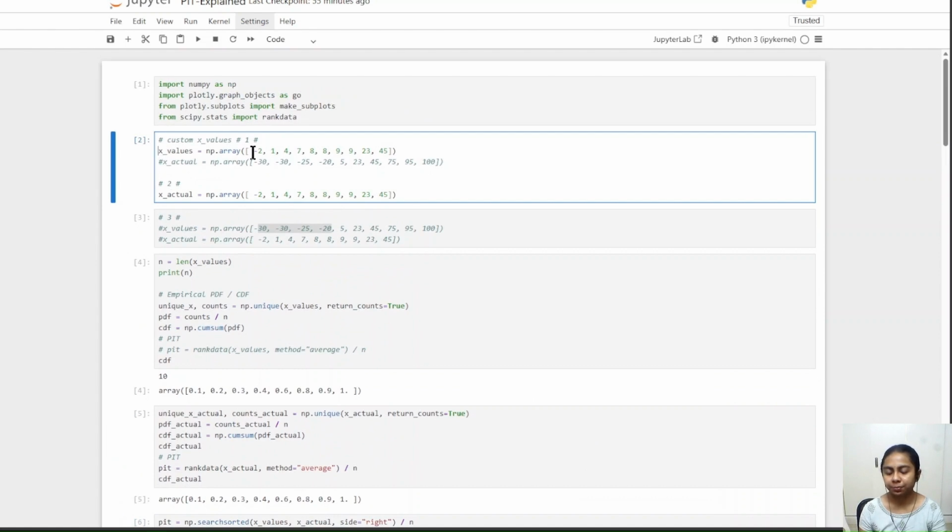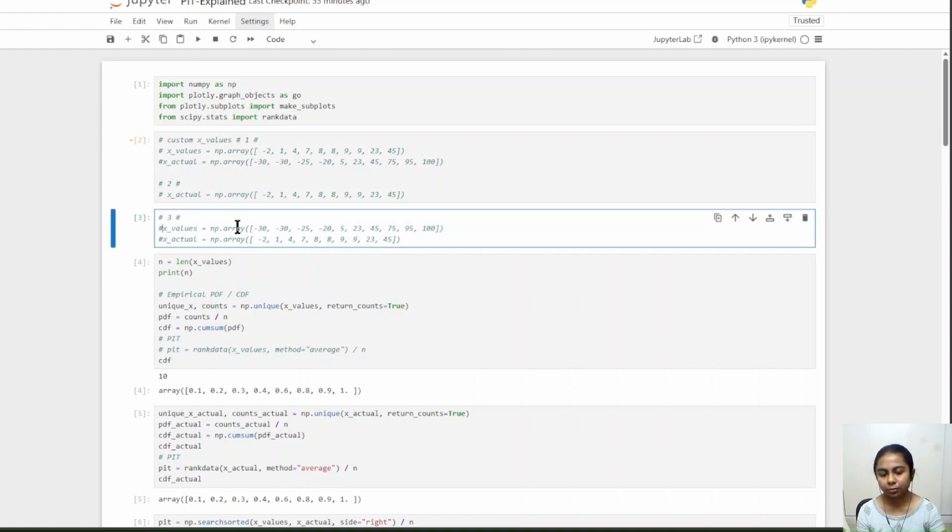Say, for example, the model outcomes are much wider, whereas the actual outcomes are concentrated or have a lesser range.